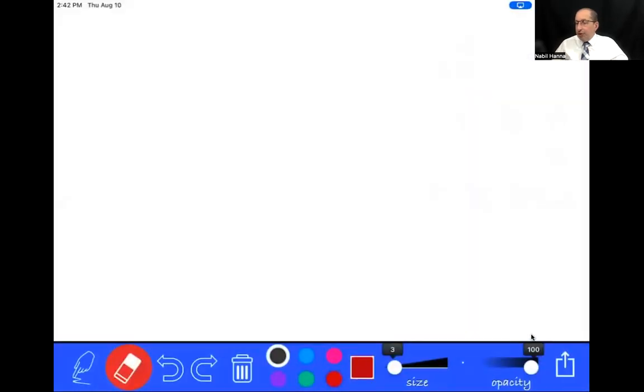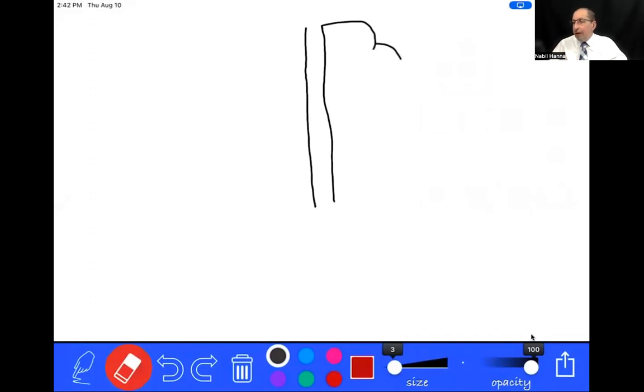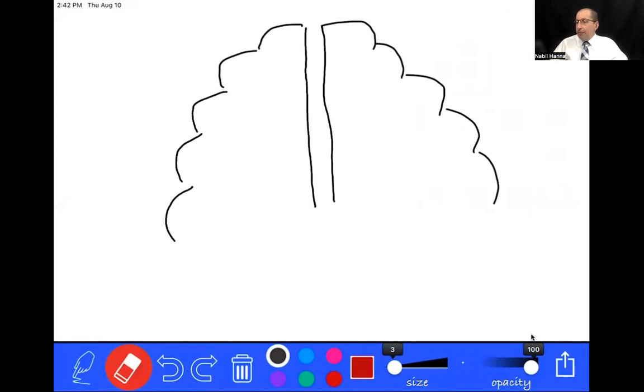So if I draw the two hemispheres of the brain, like if I open the two cerebral hemispheres like a book, like this, and here is the pons and medulla, the brain stem.